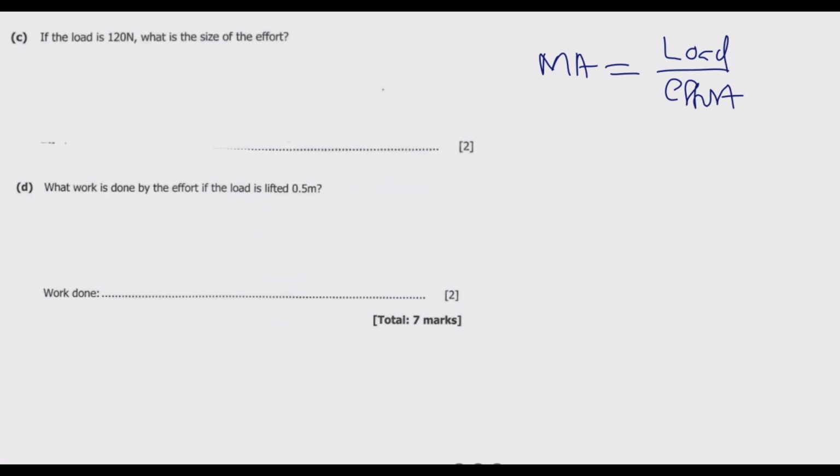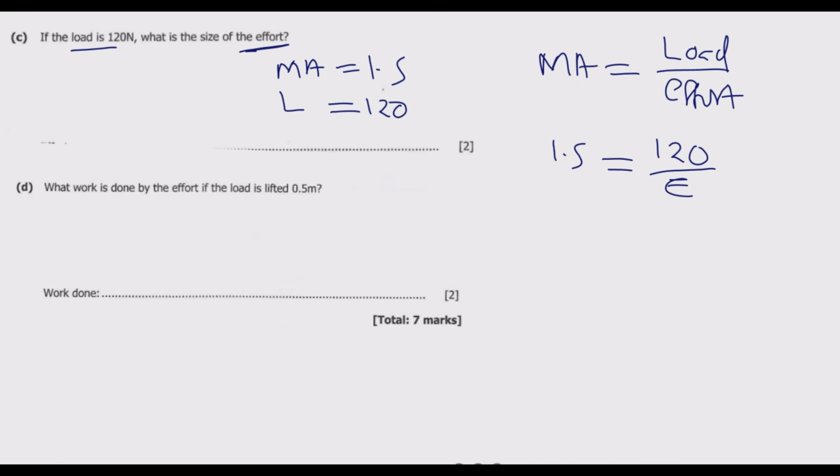Remember, we've just found mechanical advantage to be 1.5. Then we've been given the load, which we shall call L, is equal to 120. Then the question is asking us to find the effort. So just substitute: 1.5 equals 120 over effort. We shall just call it E.